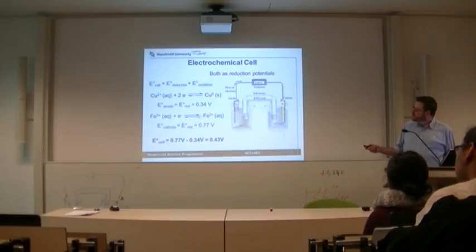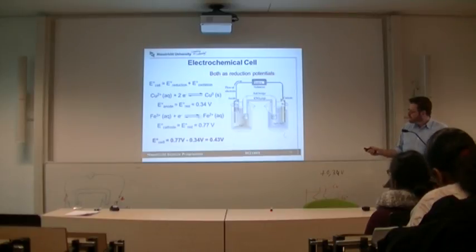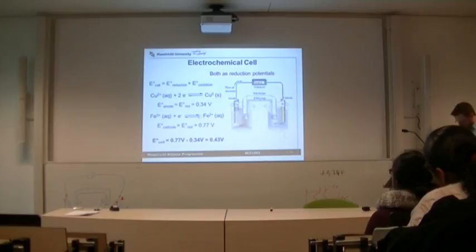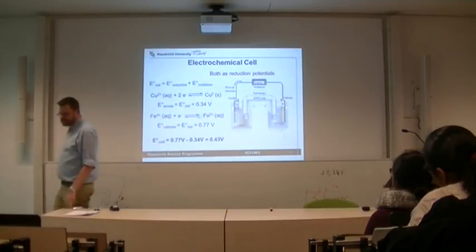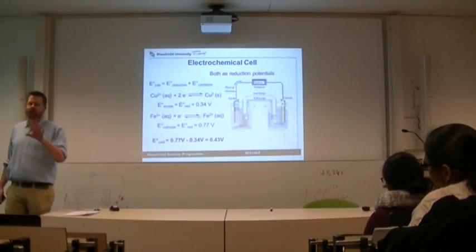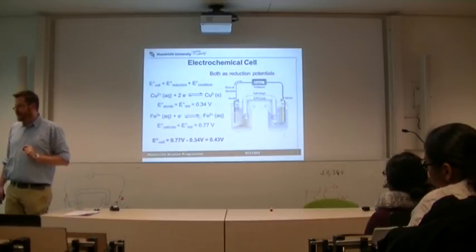The copper is forming copper 2 plus, and the iron 3 plus is going to iron 2 plus. Write down the reactions, sum the potentials, and you get a value of plus 0.43. And you do this in the same way as I showed you a moment ago when we were looking at that reaction of the piece of metal in the solution.